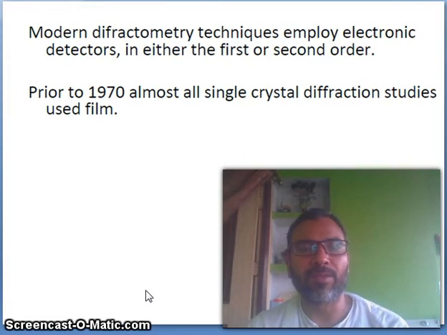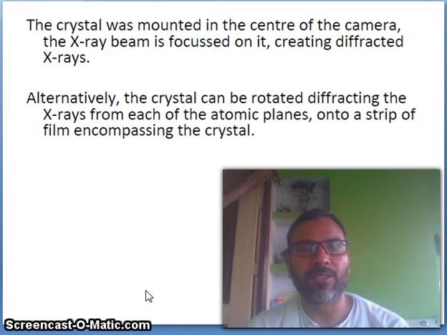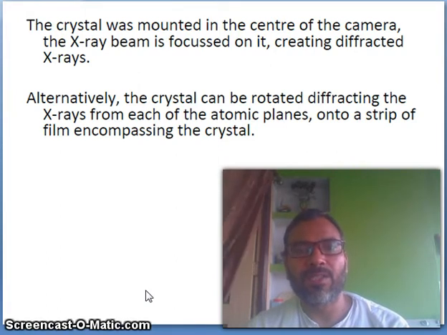Look here: the crystal was mounted in the center of the camera, and the X-ray beam is focused on it, creating diffracted X-rays. Centering is important. Now, what is the alternative?